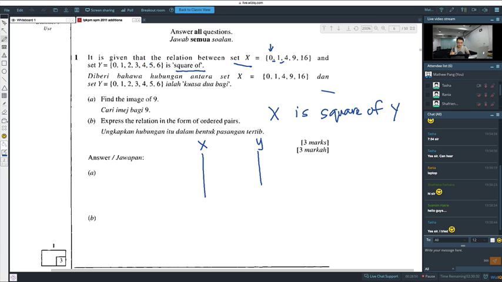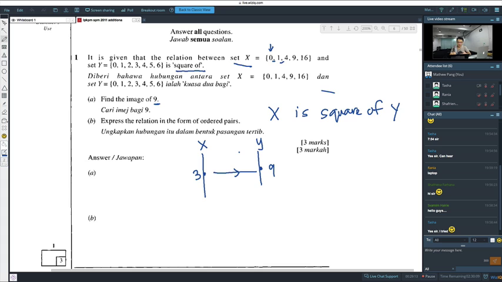So when the question says the image of 9, you just imagine you have a 9 here. Any number that you square to get 9, you should understand it's 3, because the square of 3 is 9.